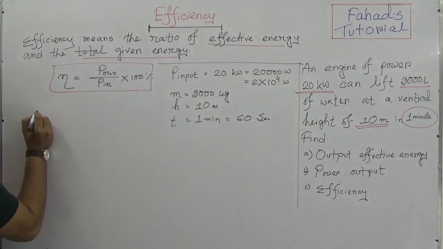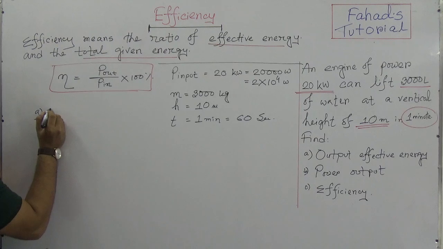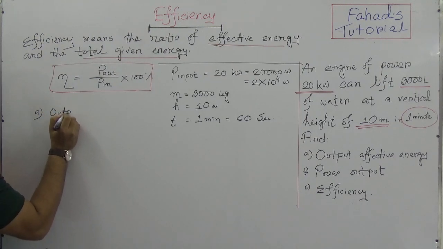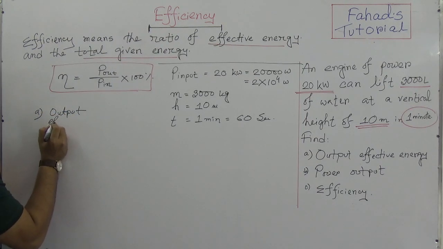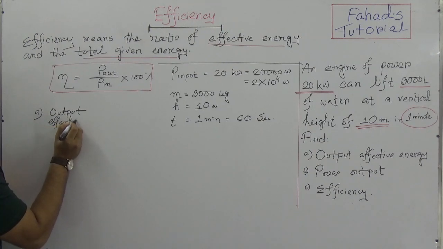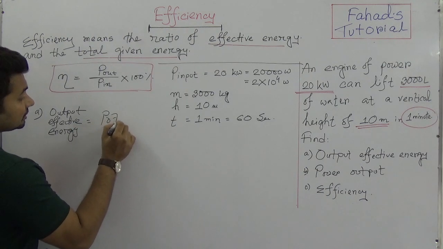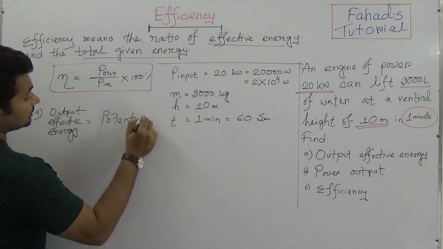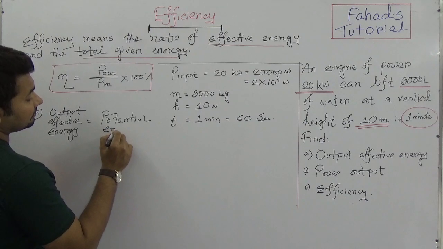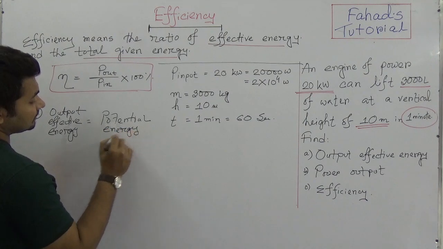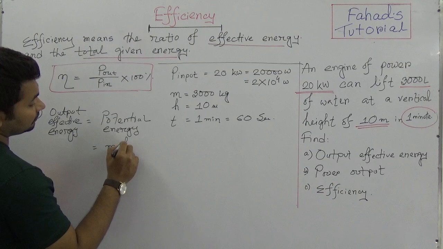So we can say that output effective energy is equal to the potential energy of the machine, which is equal to mgh.